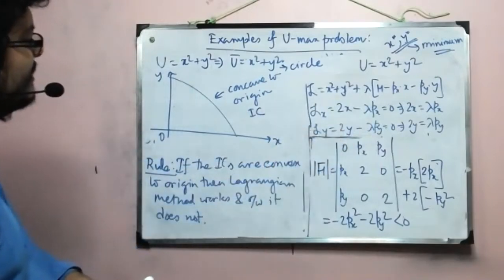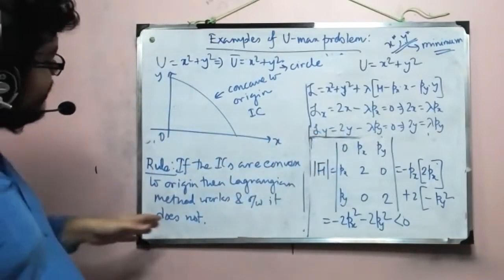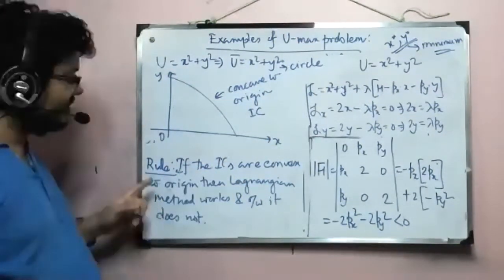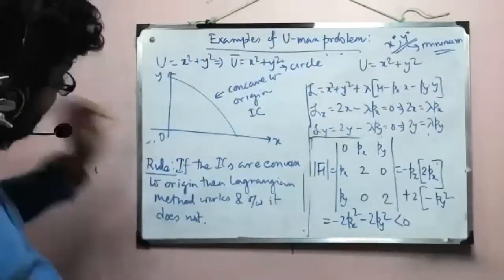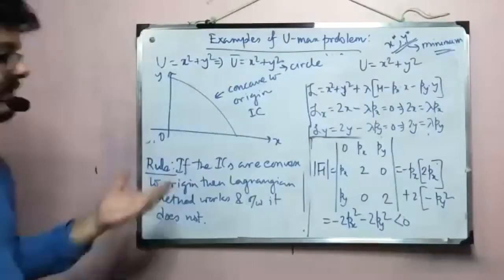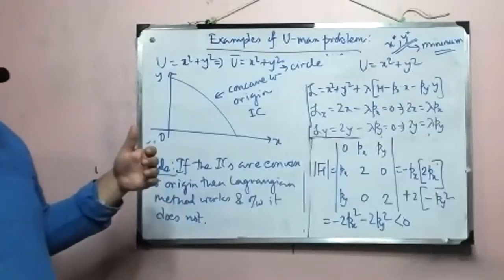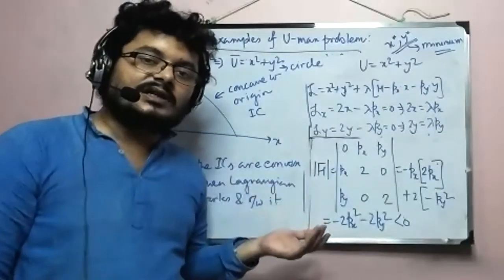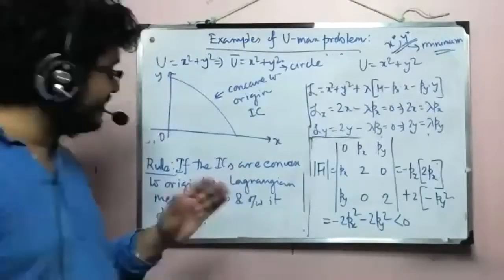Okay, so that gives us the answer to the first question. And as I said, for anything other than convex to the origin ICs, the Lagrangian method does not work. So remember the different shapes of ICs that you have studied, like a straight line, which is weakly convex and obviously weakly concave. For that it doesn't work.